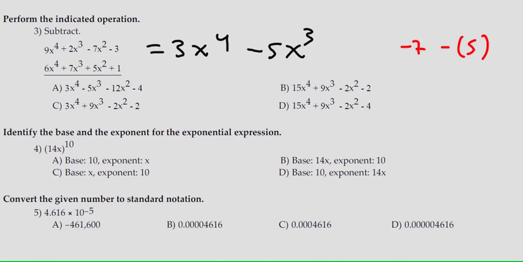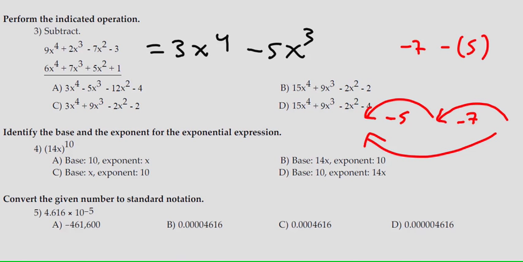You have minus 7, and then you're subtracting 5, which is positive. So minus 7, you go in the backward direction for 7 steps, and then minus 5 going again backward. So the total will be minus 12.